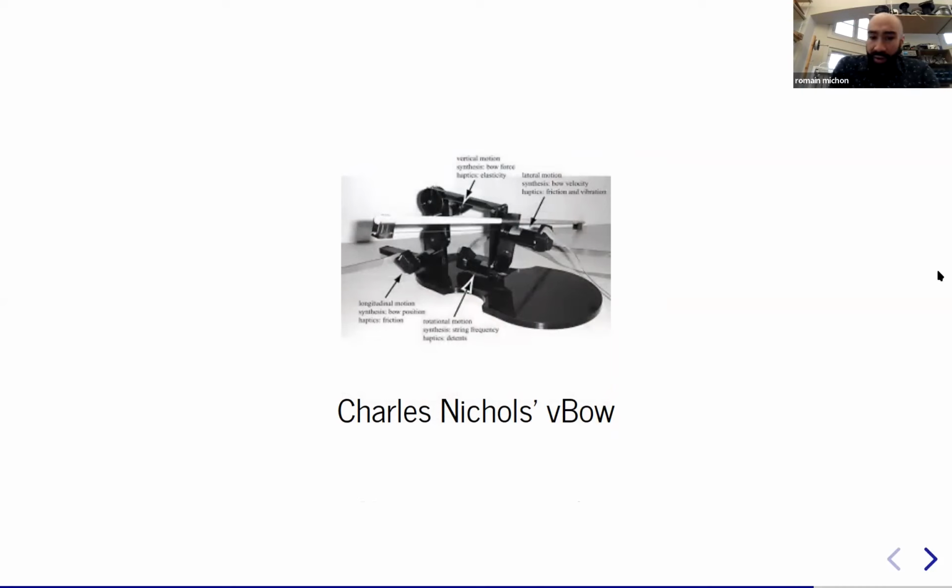Okay, this is Charles Nichols' Vibo. Charles Nichols is now a professor. I forgot where he is, but he's a professor somewhere. He was a PhD student at CCRMA as well, and he made an interface to control physical models of a violin with haptic feedback.